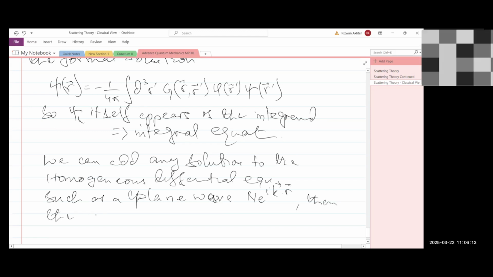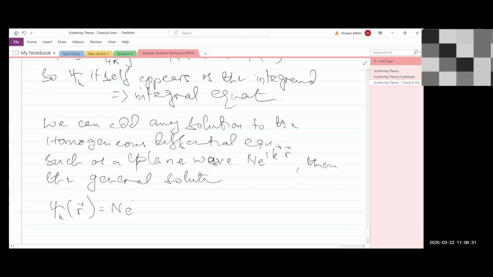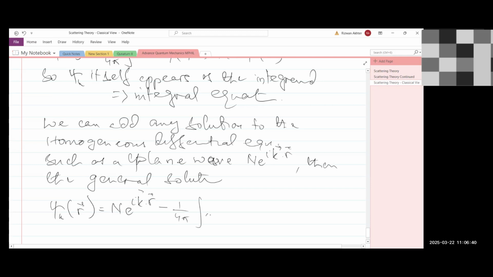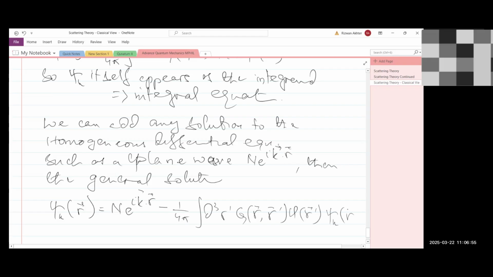Then what will the general solution be? That general solution would be psi k of r, which equals n times e to the power iota k dot r minus 1 upon 4 pi integral d3 r prime G(r, r prime) u of r prime psi k of r prime.